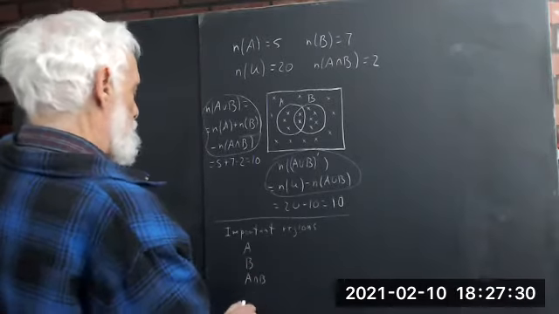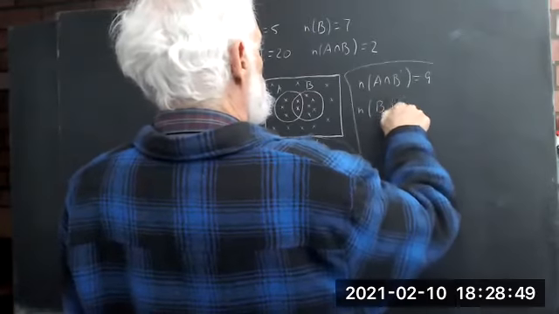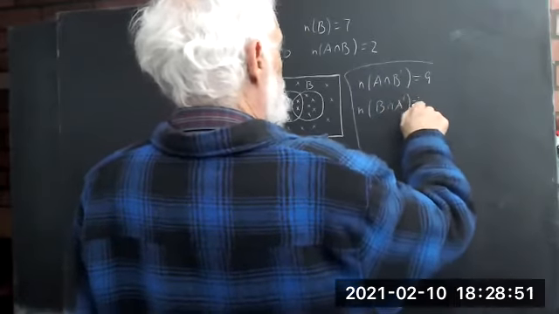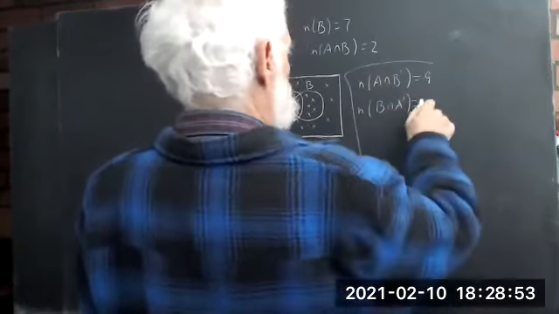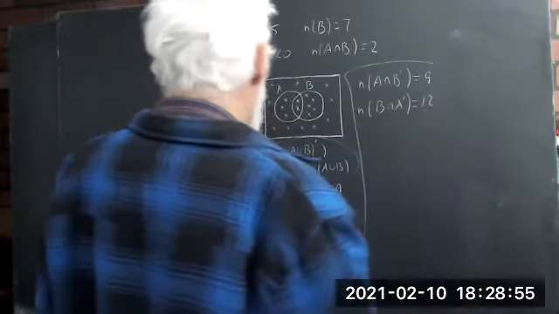Okay, and there are, of course, other ways. For example, another example, let's say we knew that the number in A intersection B prime was 9. The number in B intersection A prime is 12, let's say.